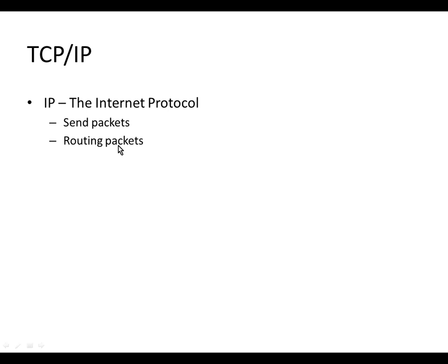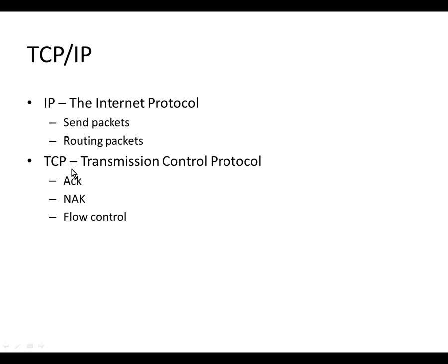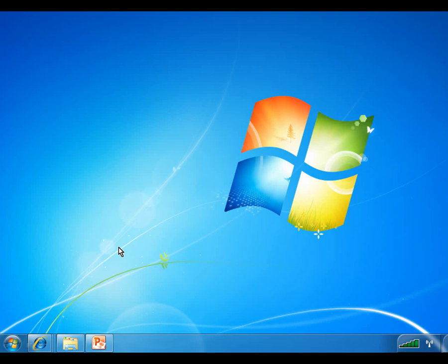And it is made up of the TCP protocol, the Transmission Control Protocol, that is responsible for sending acknowledgments, negative acknowledgments, and flow control. IP sends a packet and TCP sends an acknowledgment. And together, TCP/IP provide communication between computers.